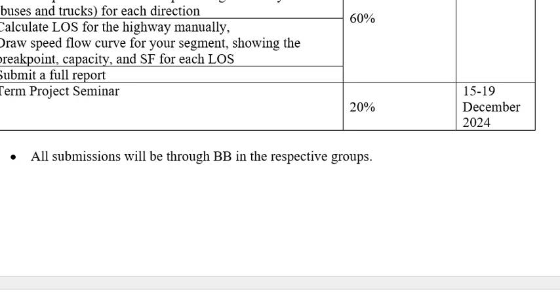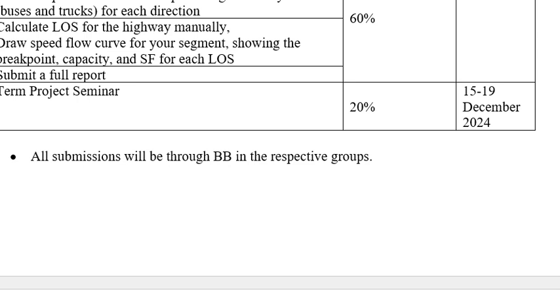Now, I believe till now you don't have access to MS Teams, right? Once you have access, I will upload an Excel file, and you can put your group names and your location in that file, for the rest of the people to see that these people have a group and this is the location which is already taken.